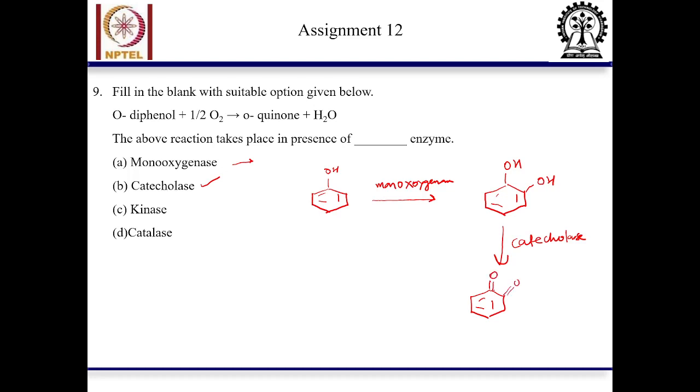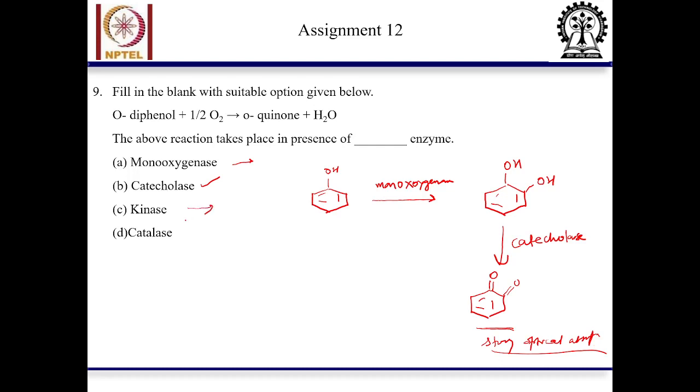So here half O2 and then here half O2. This one has an important property, a strong optical absorbance, so you can find out the concentration through any UV visible technique because of its strong absorption. Now what is kinase?